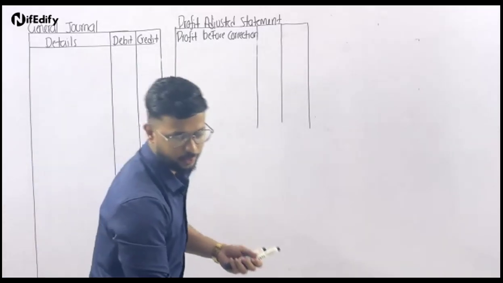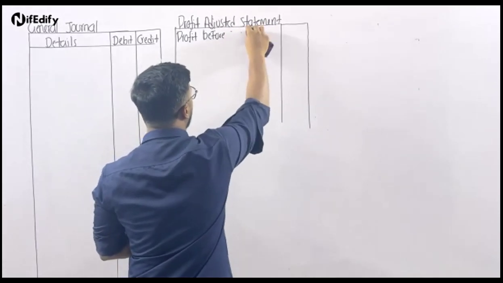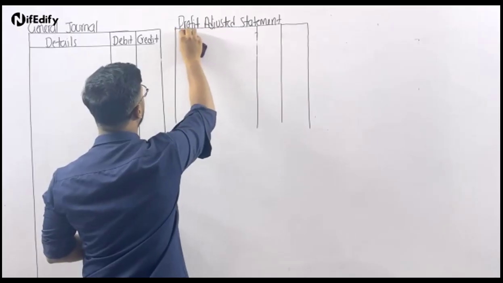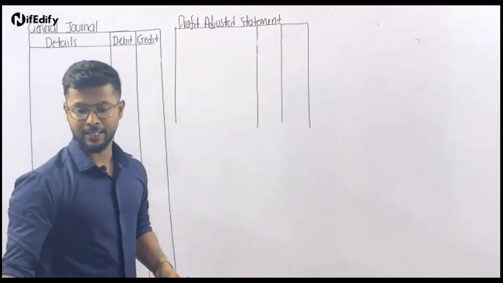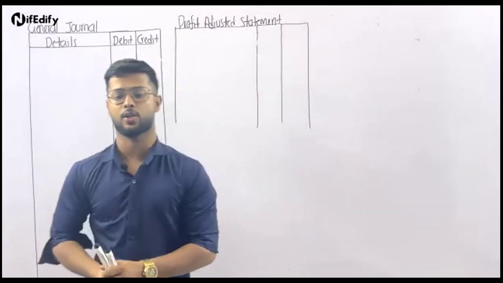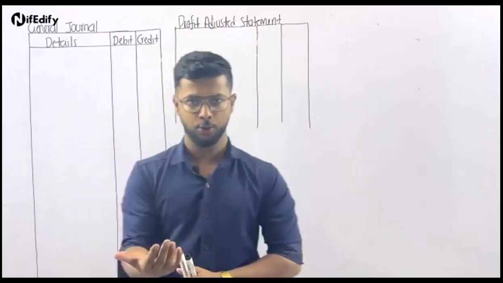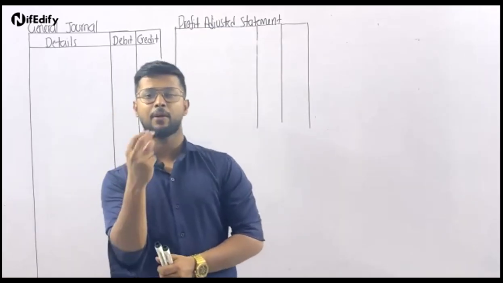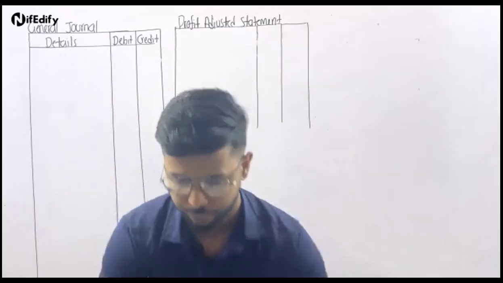I think this is something that I already taught back in prime entry books and accounting equation. You don't need to use the term profit before correction. Who can remember? I told you a term you can use to indicate the profit before the correction. There is a term I taught you in the previous chapters, a term that can be used to identify an incorrect profit. What is it?